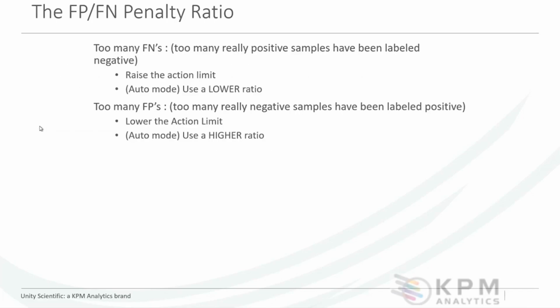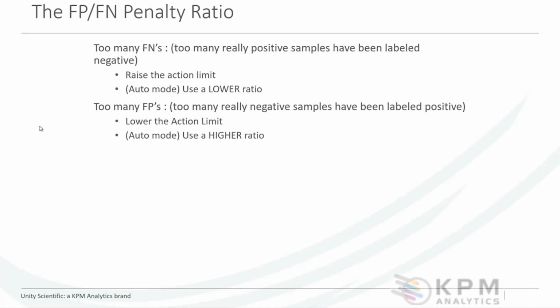And this is your false positive or false negative penalty ratio. So if you have too many false negatives, so they're samples that are in fact positive, but they've been labeled negative, what you want to do here is to raise your action limit. There is also a mode in our software that you can set this based on a ratio.